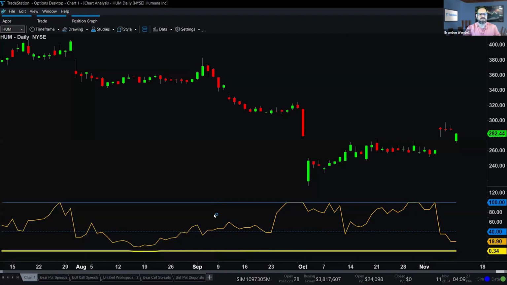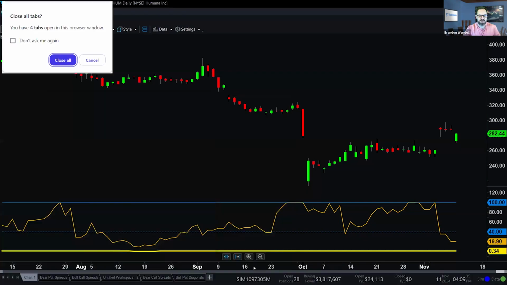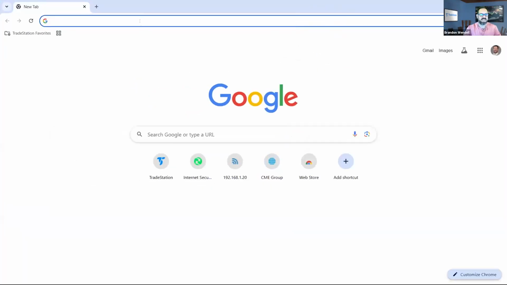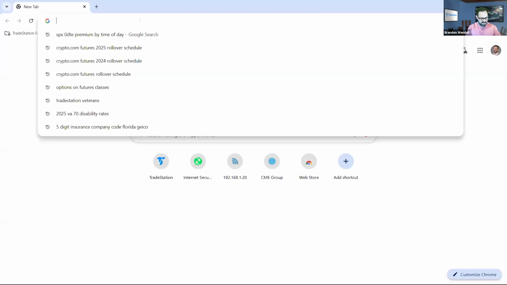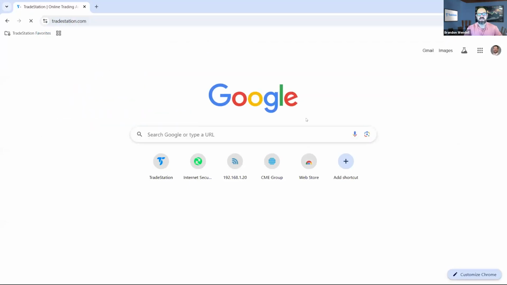So bring up a browser, hopefully. Let me close out my other ones because I've got too many things open here. So I'm going to speed up my computer a little bit. There we go. And we're going to get into actual placement of securities and whatnot. But yeah, there we go. You can see the download link. TradeStation.com.